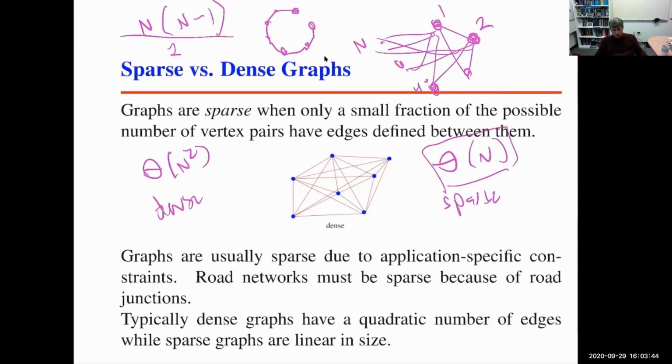Are road networks going to be sparse or dense? Well, suppose we have a road junction, and that's going to be the vertices. How many roads can meet in the same junction? If you have a street light, it's 4.